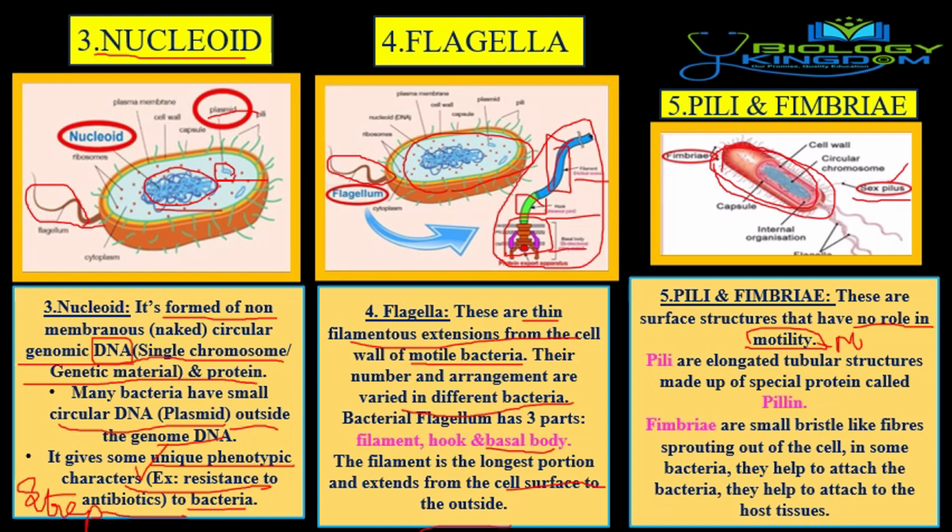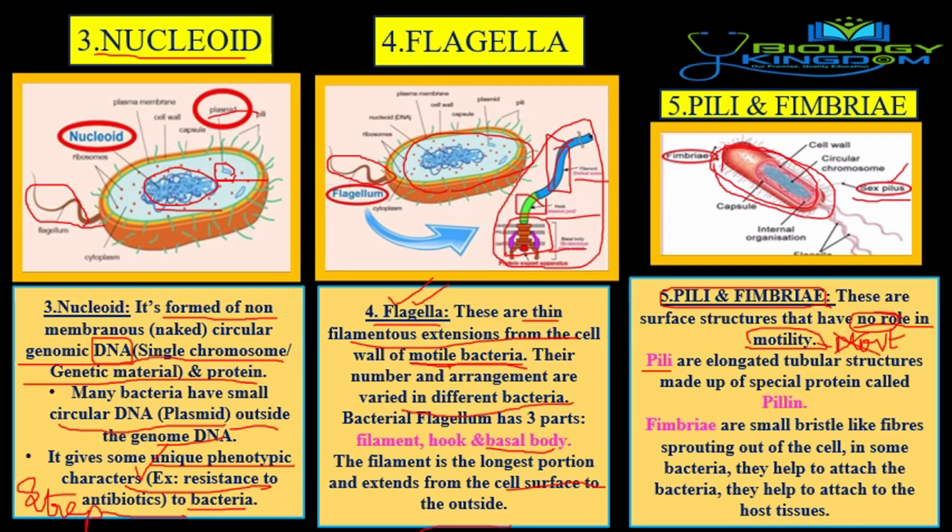So whenever there is any kind of movement of the cell, it is happening through flagella. If we observe clearly, it is written here, from the cell of motile bacteria. So it always moves with the help of flagella. This helps in motility. But these villi and fimbriae are just attachments to the cell and they do not have any role in movement.